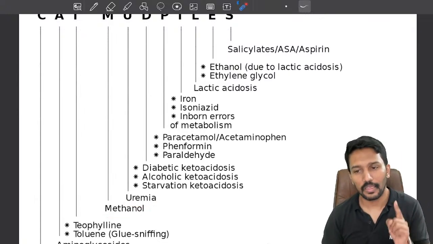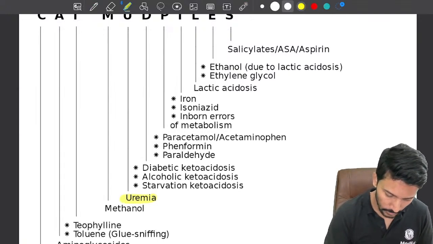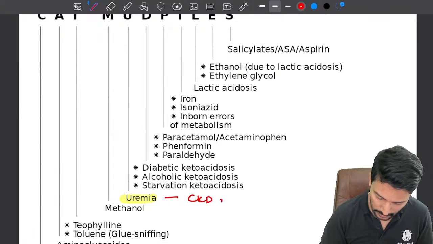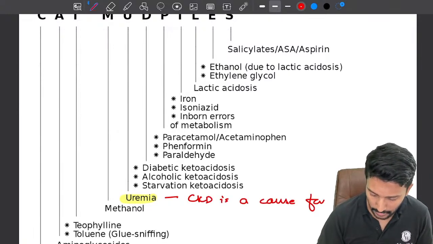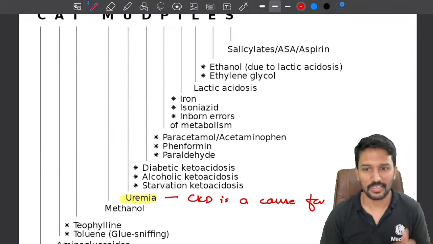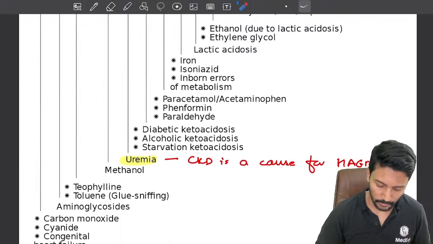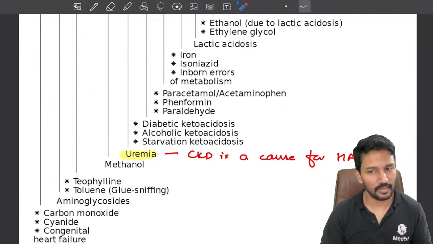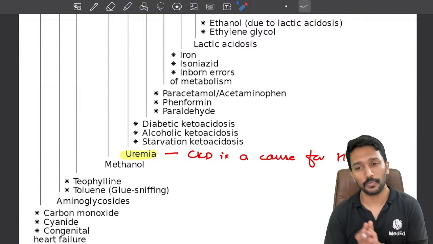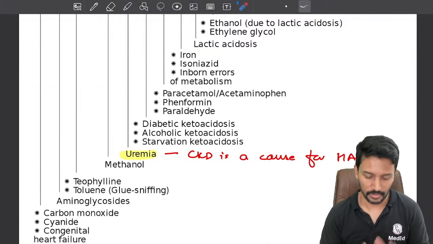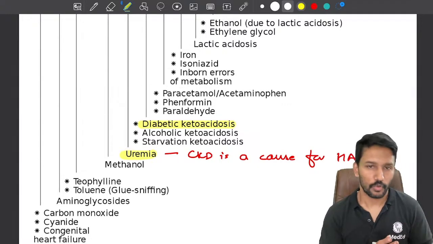So remember, this is again an important MCQ point: CKD is a cause for high anion gap metabolic acidosis. D stands for diabetic ketoacidosis, alcoholic ketosis, starvation ketosis. All ketotic conditions cause high anion gap metabolic acidosis. So again, DKA is another example.